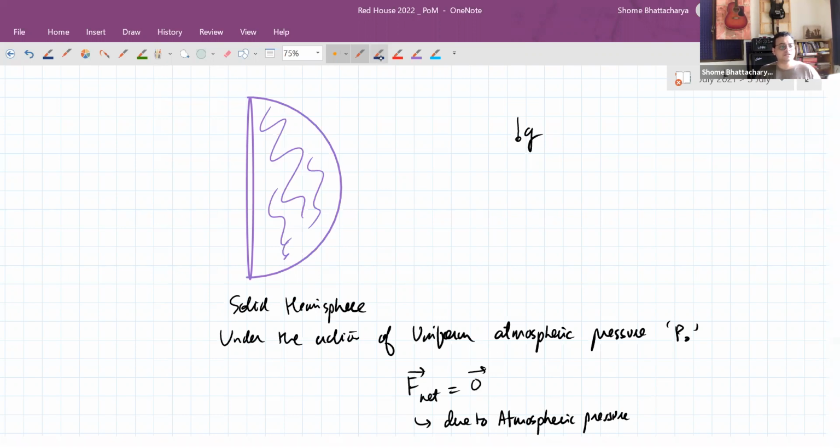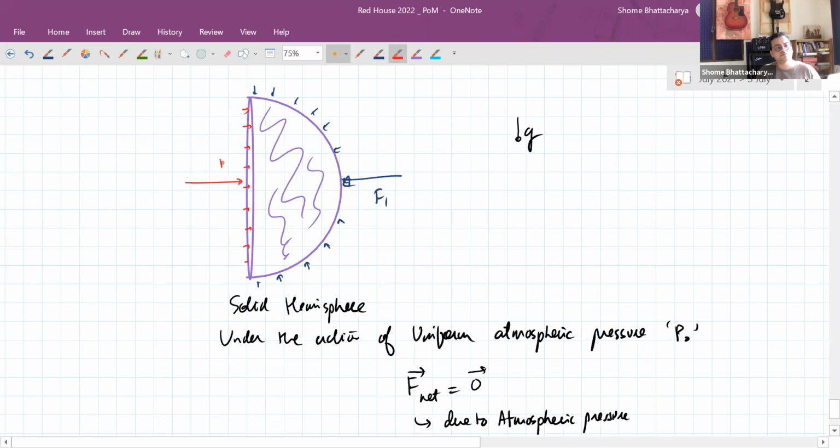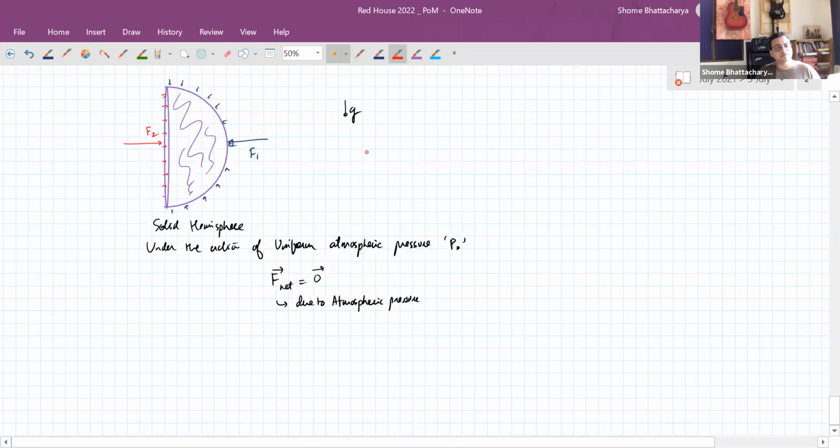Okay. So now consider that all these force vectors that are acting on the curved part of the hemisphere are contributing towards a net force of F1. And all the forces that are acting on the flat surface on this side, so now remember it's a solid hemisphere, are contributing to a net force of F2. So this means basically that the two should balance.